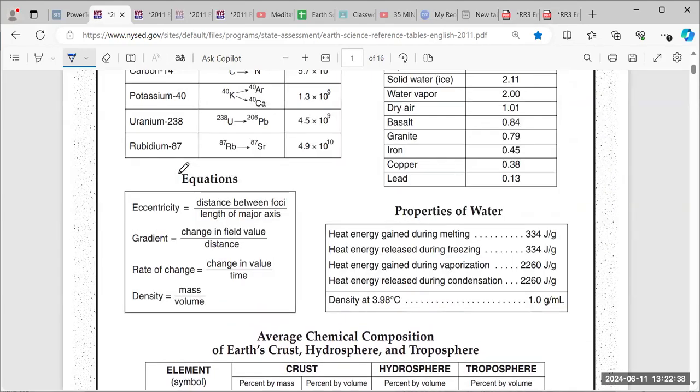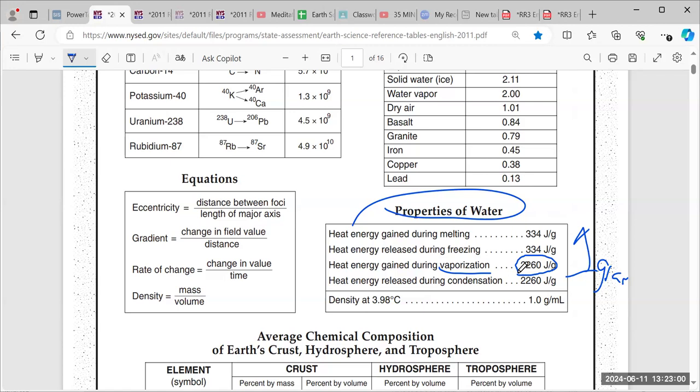And we look at properties of water. Vaporization and evaporation is the same thing. So they're telling us this is the amount of energy gained for only 1 gram of water. So what would I have to do to find out for 2 grams?